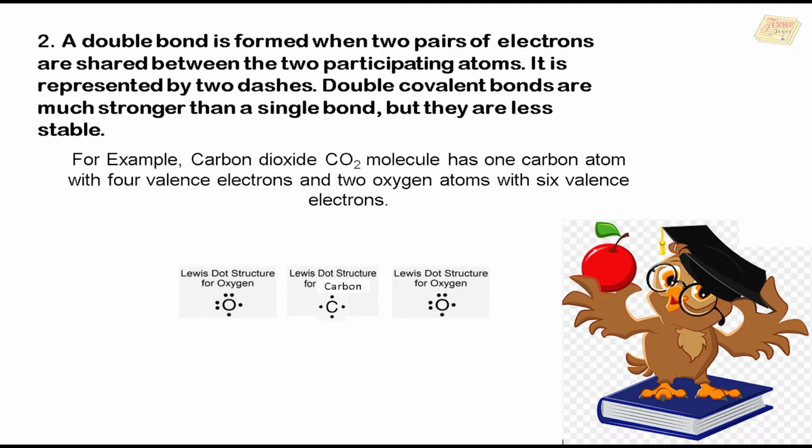A double bond is formed when two pairs of electrons are shared between the two participating atoms. It is represented by two dashes. Double covalent bonds are much stronger than a single bond, but they are less stable. For example, carbon dioxide molecule has one carbon atom with 4 valence electrons and 2 oxygen atoms with 6 valence electrons.